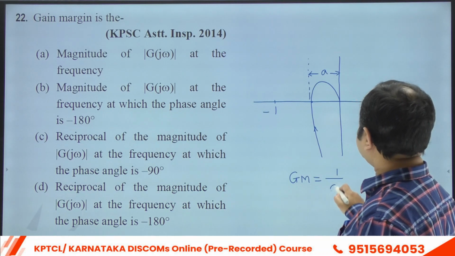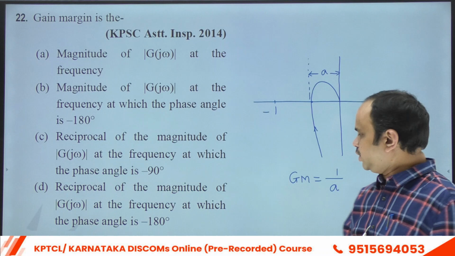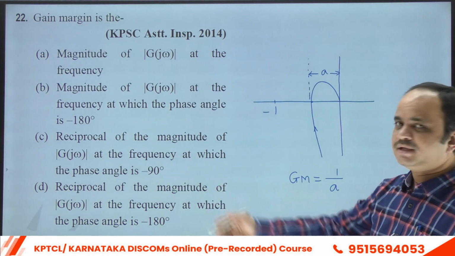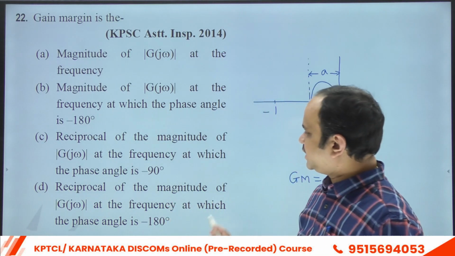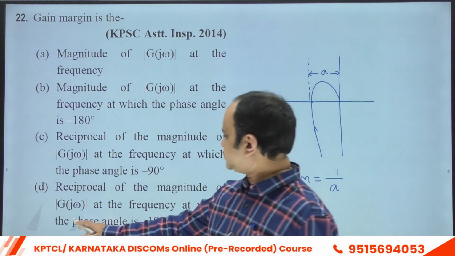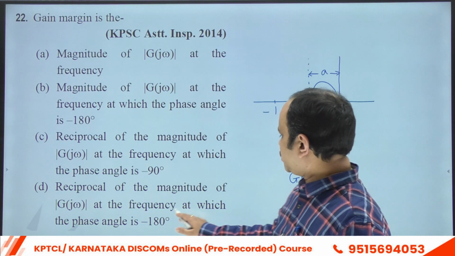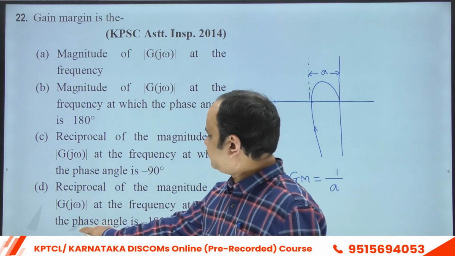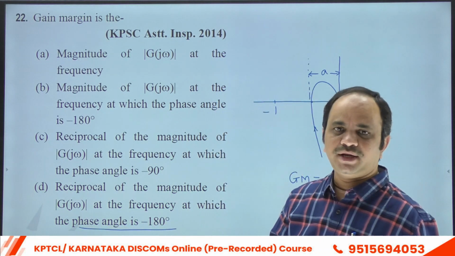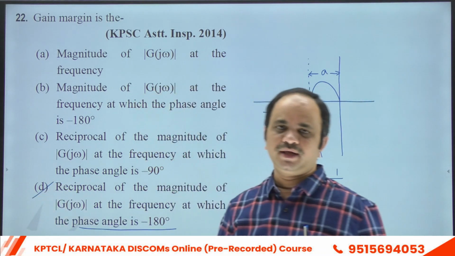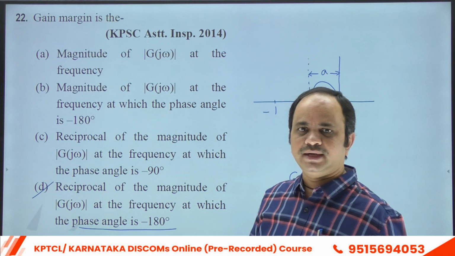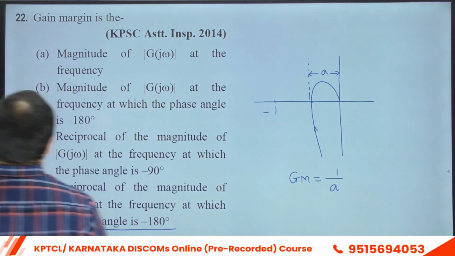Gain margin is 1 by A. The theoretical explanation is: reciprocal of the magnitude of the given transfer function at the frequency where the phase angle is minus 180 degree. That is option D.